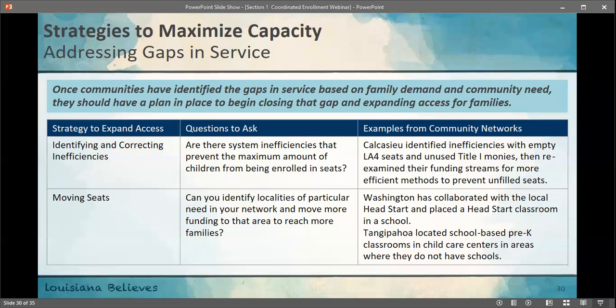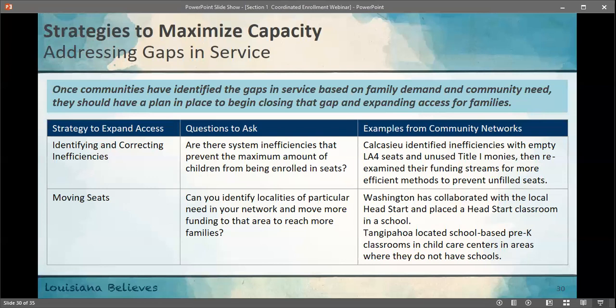We know, especially with families with young children, that transportation is a really big challenge. So if there are particular areas of your parish where there aren't services, where there aren't available seats, but there are a lot of families in need, you may start thinking about strategies for moving seats to where the families are. So for example, Washington Parish did this successfully.